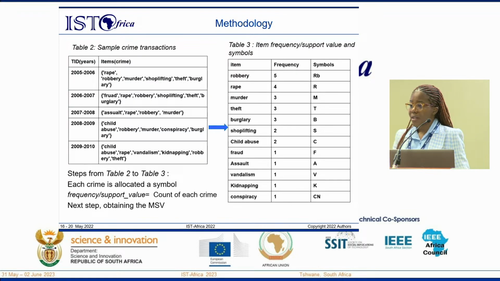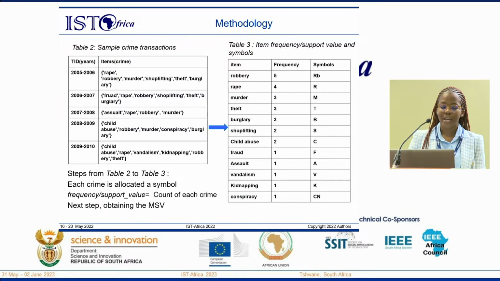So now we're going to go into the methodology of generating the frequent patterns. On Table 1, we have a sample of the transactions, which are grouped in years. As you can see, the items are the crimes within the data set.